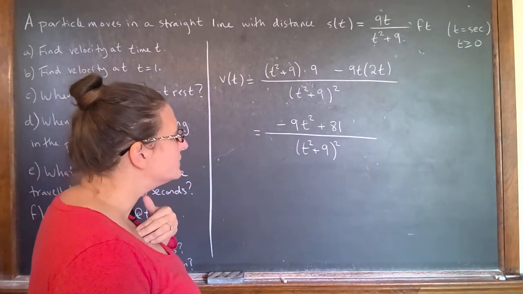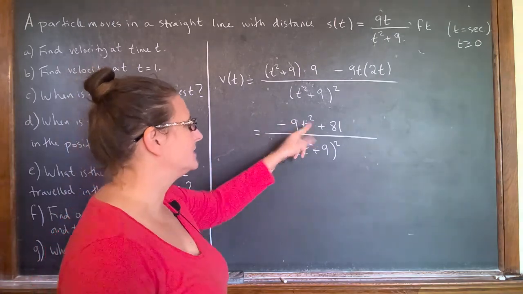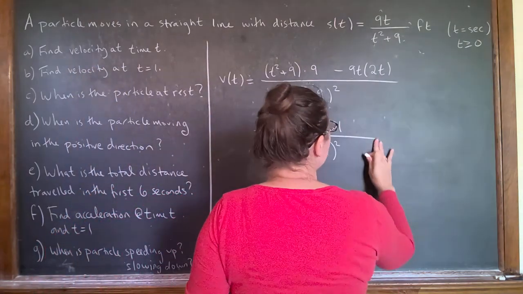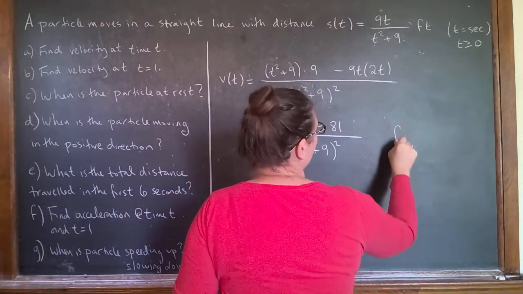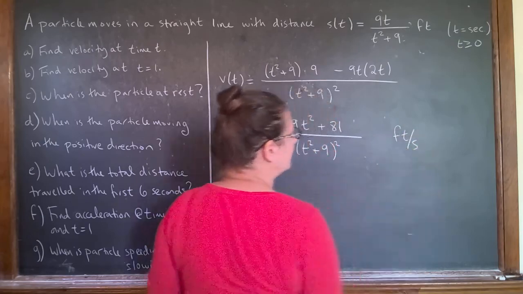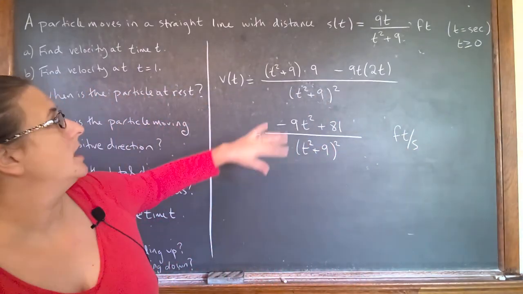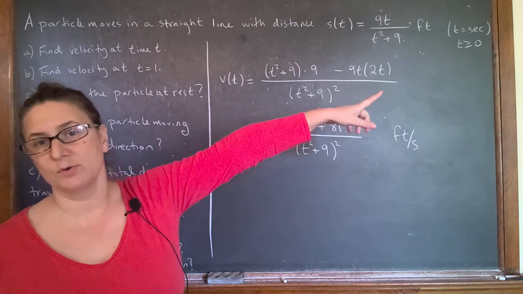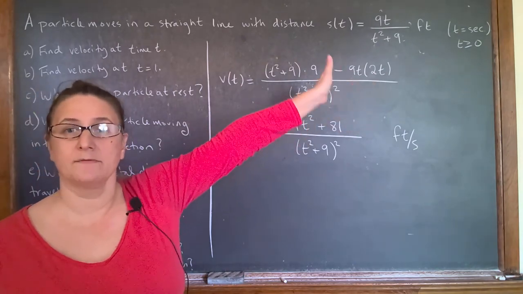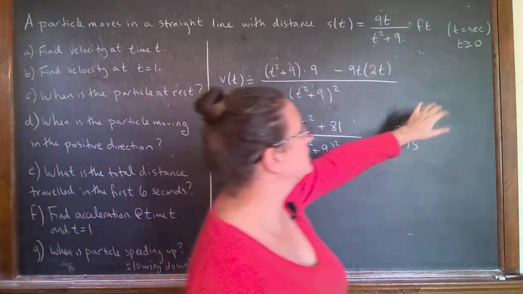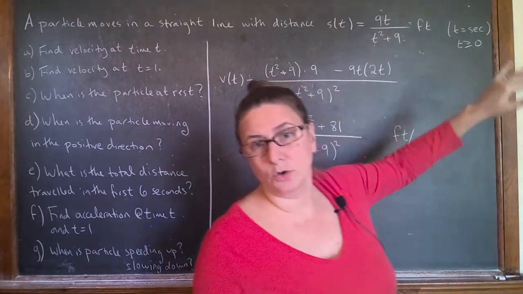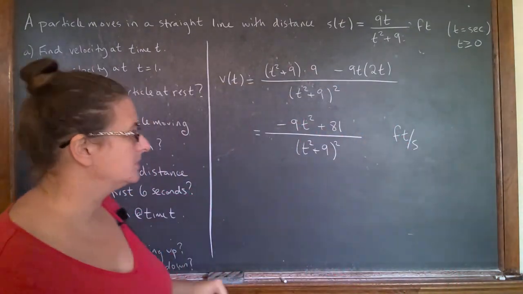Notice you can't divide it out, because of the minus, a different sign. Also this has units. The units are feet per second, because s was in feet and t was in seconds. They told us that. And of course, we're starting time from t equals 0. So that will come into play in a minute.